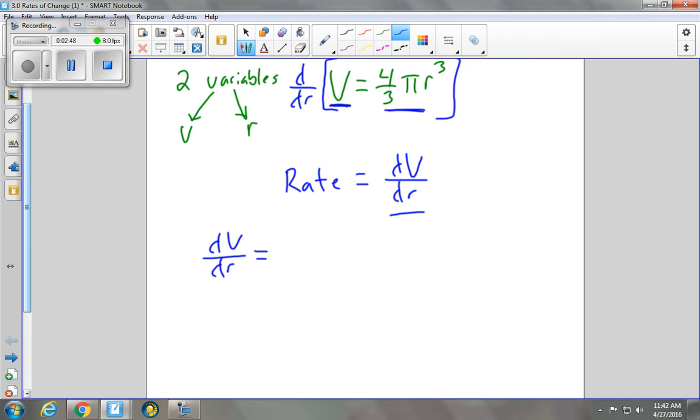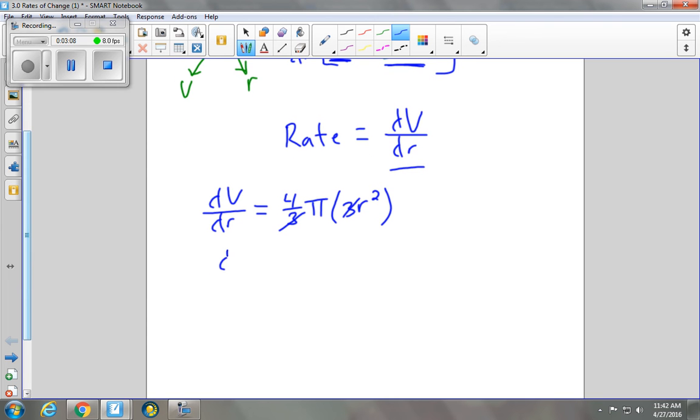Now take the derivative of that part. So that's going to be 4/3 pi and then 3 times r squared. My 3's cancel, and I end up with dV over dr is equal to 4 pi r squared.